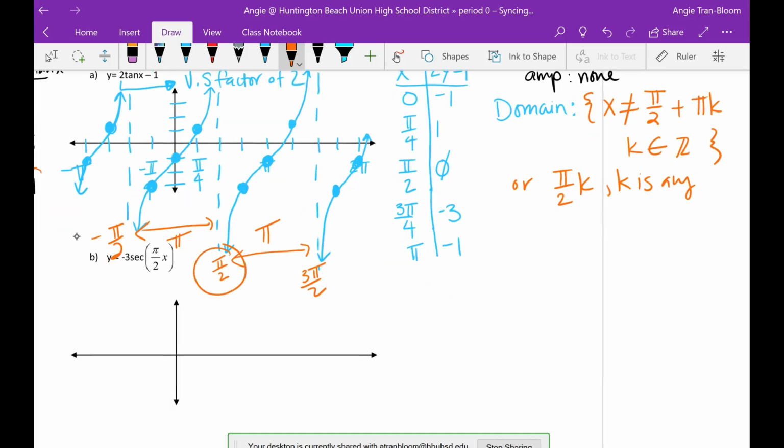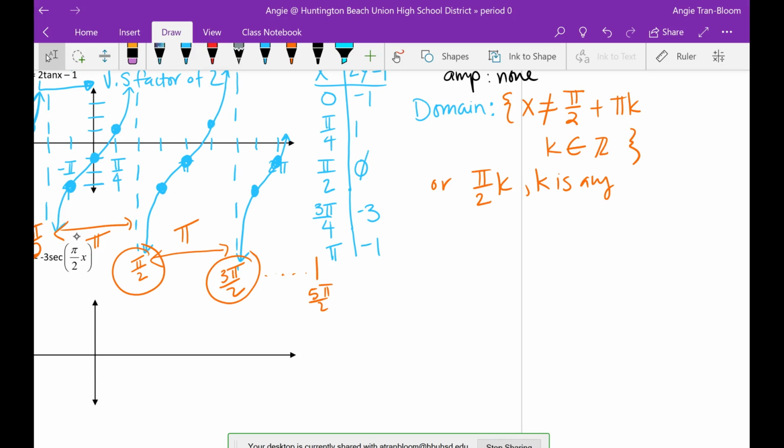Pi over 2, 3 pi over 2. If I have to take a wild guess, the next one would be 5 pi over 2. So if I don't feel like adding pi k, where k is any integer, and I just want to write pi over 2k, where k is any what? Odd integer. Yes, that is another choice. Any odd integer. You're right. Okay, that's another choice. You don't always have to go the same way.